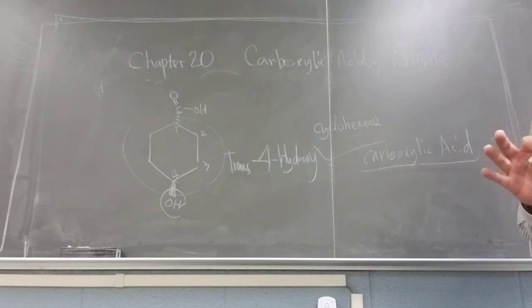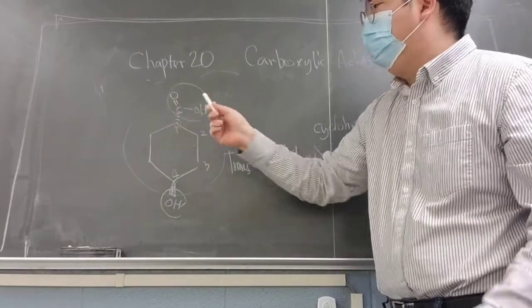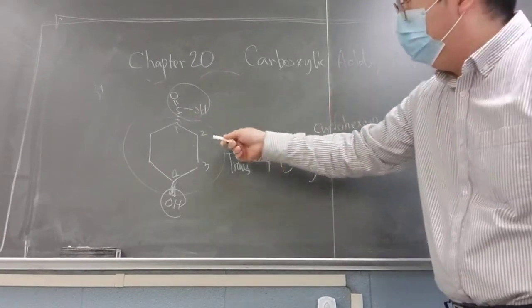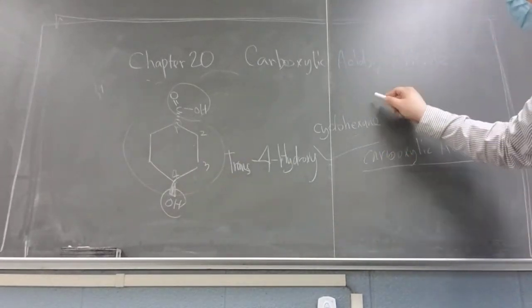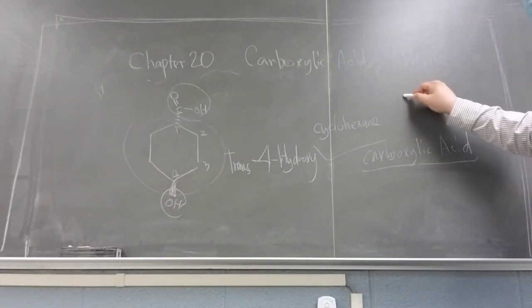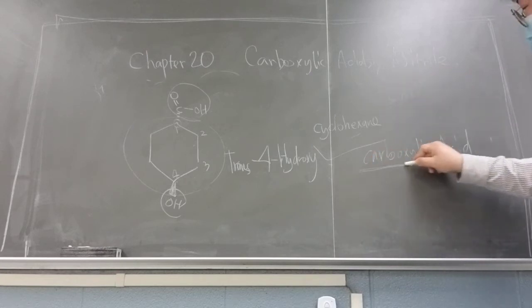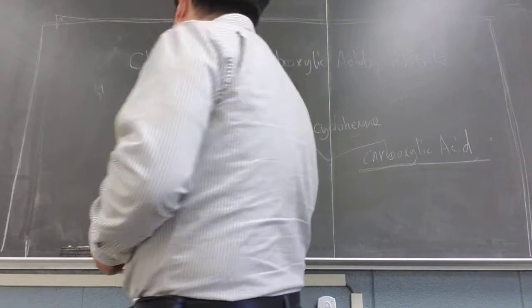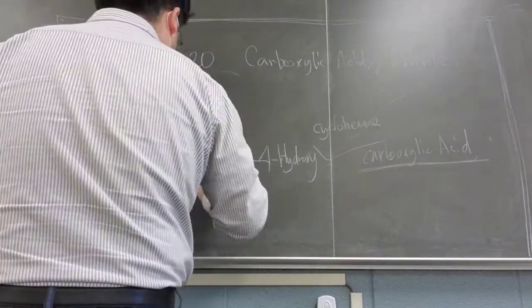Okay. So this is the exception. If you have a carboxyl group attached to not the alkyl groups, but the cyclic compound, you don't do the -oic acid anymore. But you can just copy carboxylic acid at the end. So let's try this one. Okay.